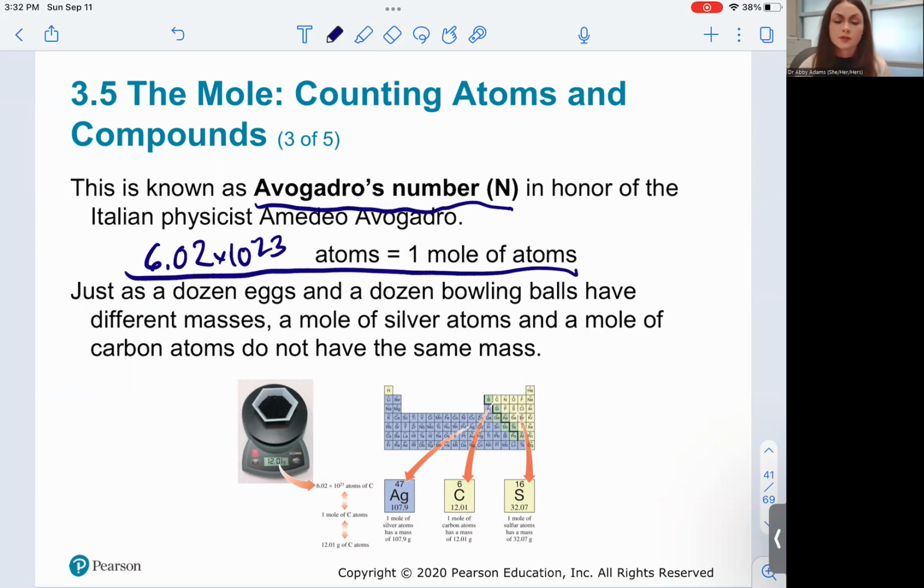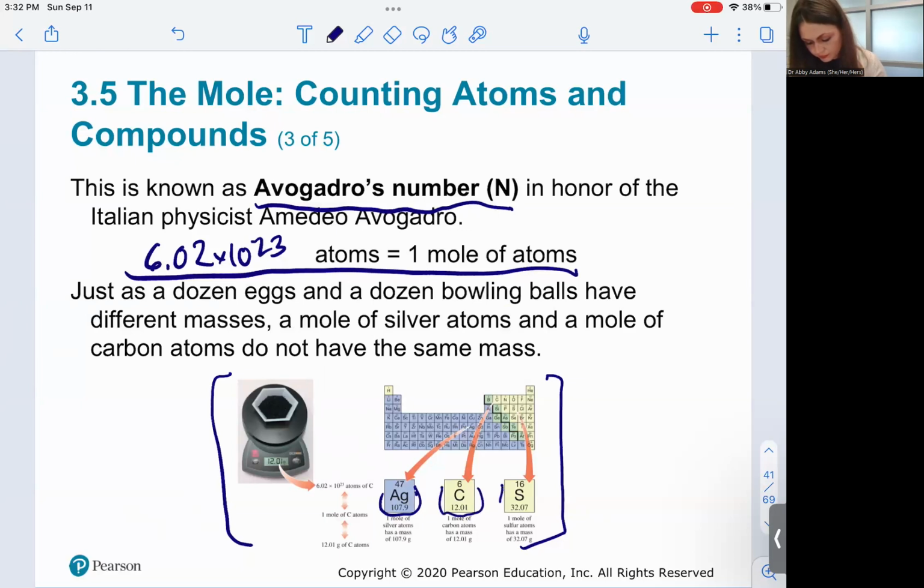Yes. Okay. And if you look here, this is going to help you understand that every element has a different mass for those atoms, just like a dozen eggs and a dozen bowling balls have different masses. A mole of silver, like right here, is going to have a different molar mass than carbon atoms. You can see that.